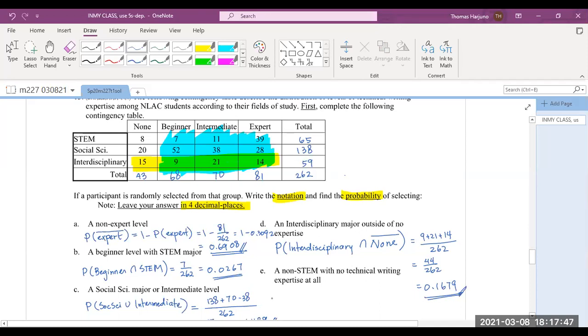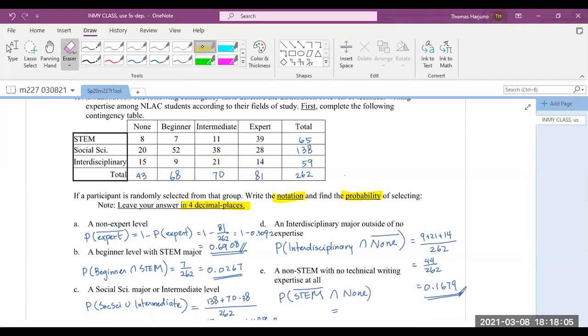Part A, probability of non-STEM, so outside of STEM, with no technical writing expertise at all. Outside of STEM refers to this. That's outside of STEM and no technical expertise.